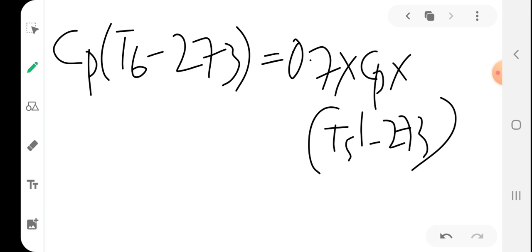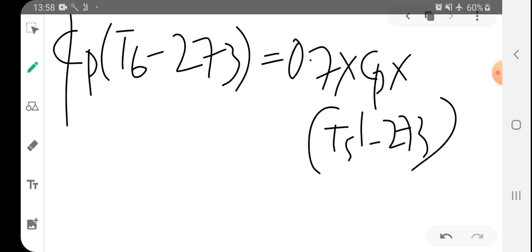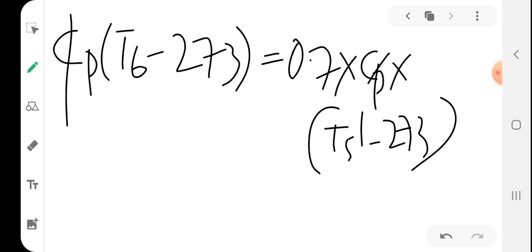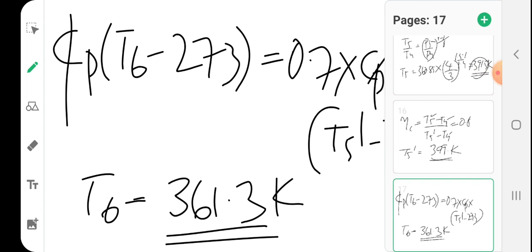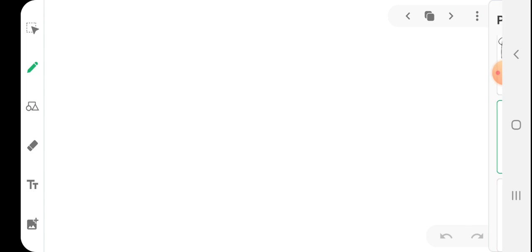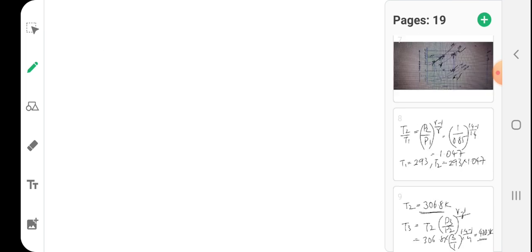Okay, so Cp cancels, and you will get T6 as 361.3 Kelvin.